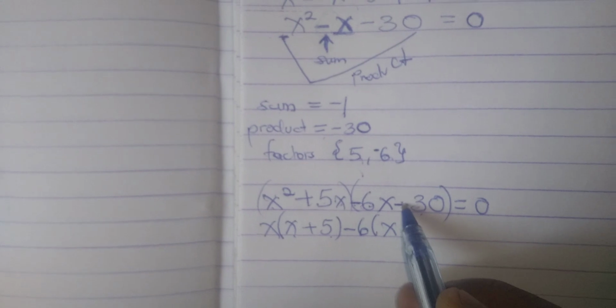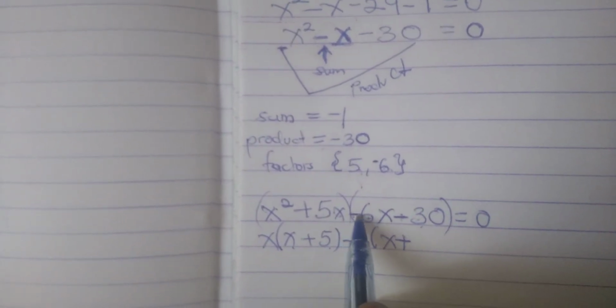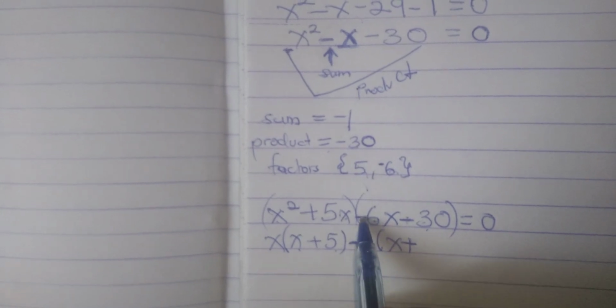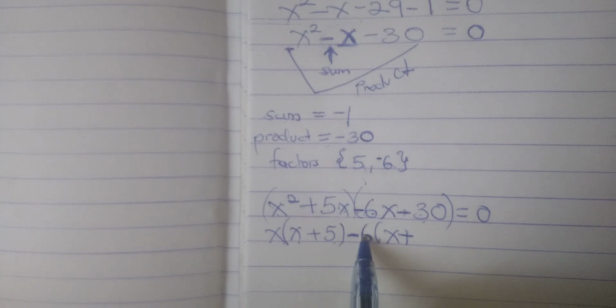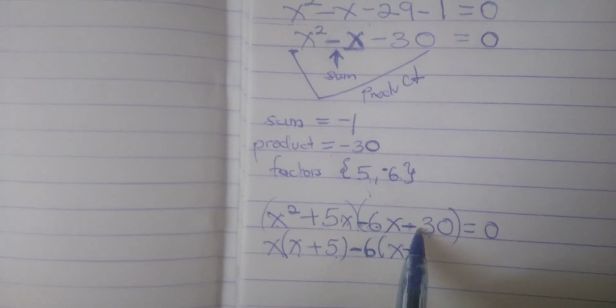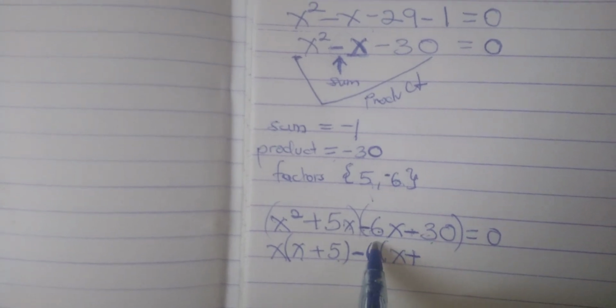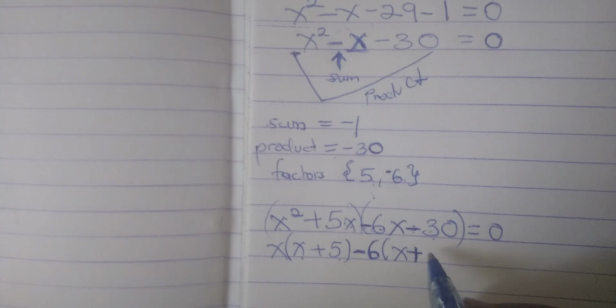Even here we pulled out a negative. It means that this is now a positive. We removed this negative and we pulled it out. Since it was common here and here, we pulled out a negative 6. It ideally means we no longer have a negative on 6 and we're no longer having a negative on negative 3. They are now positive. The reason being we put out the negative, so don't include the negative sign here.